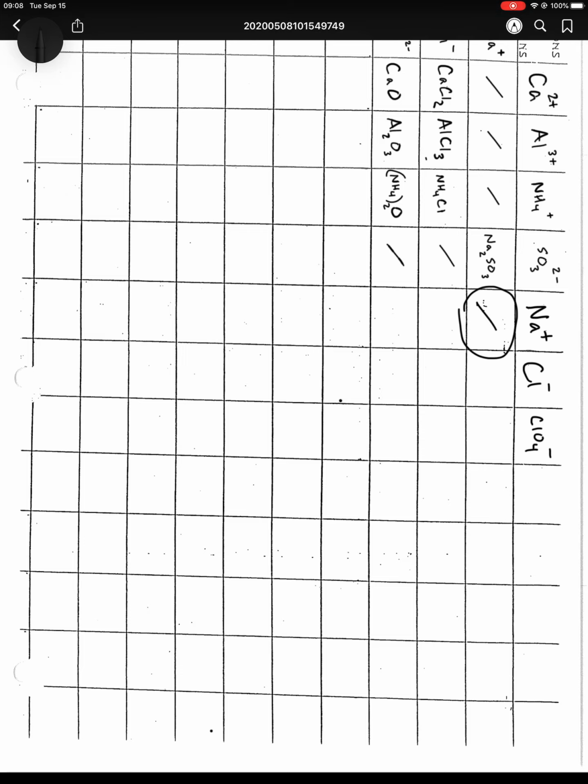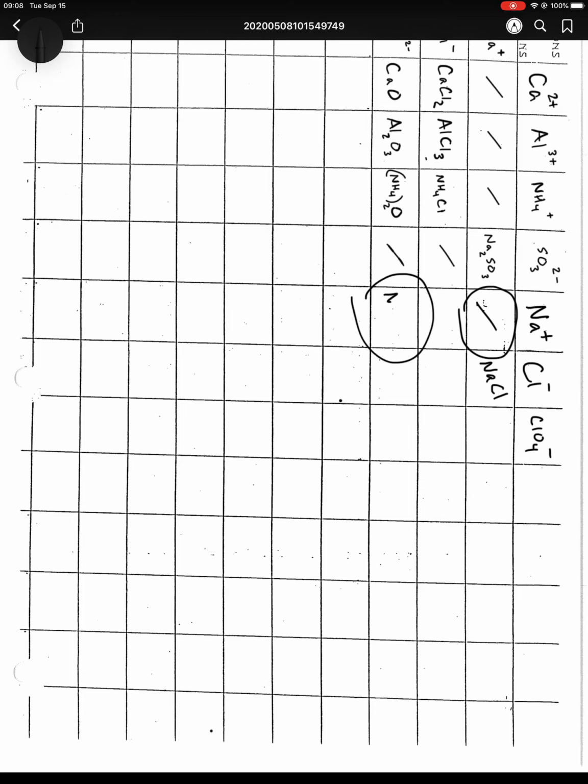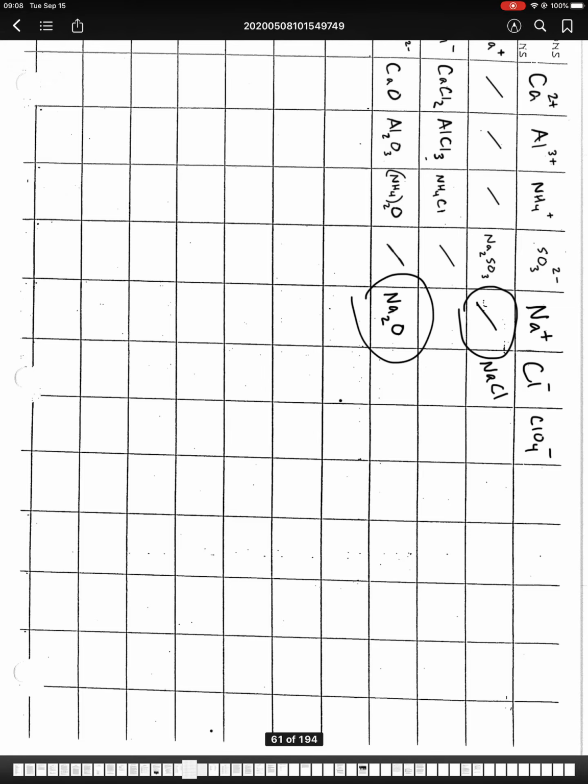In the square where we would be adding a sodium and a chlorine, these do pair up in a 1-to-1 ratio, so we would pair them up like that. In the event we have a sodium pairing with an oxygen, we would need two sodiums to go with an oxygen. Again, this is just for your practice. These are drills, okay? These are drills for your practice.